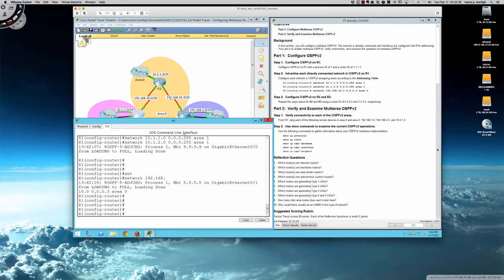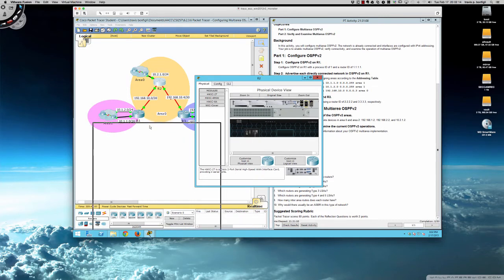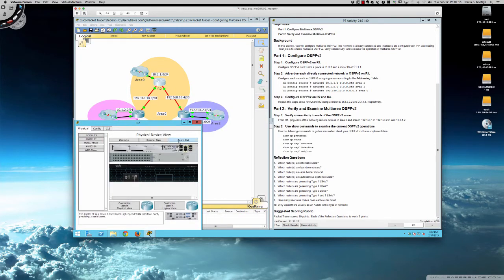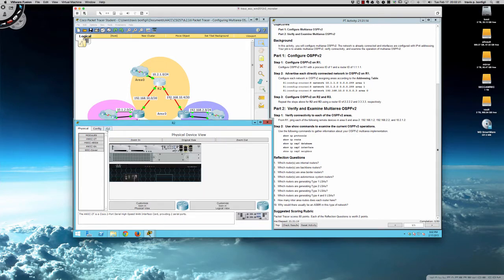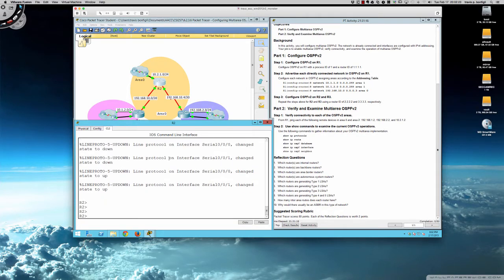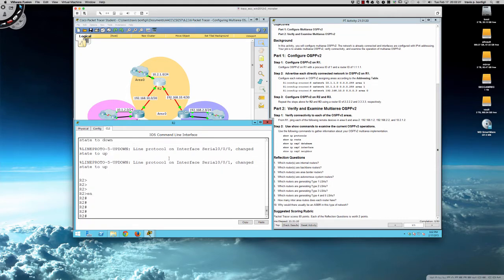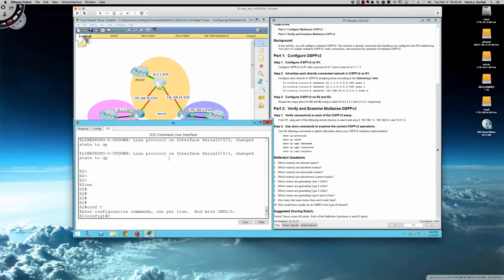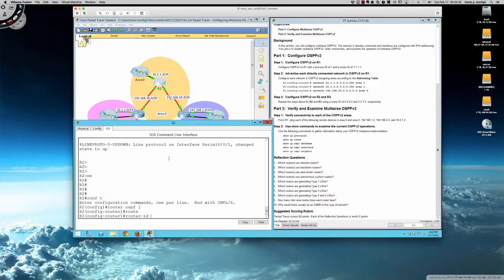It's now saying repeat the steps above for R2 and R3. However, we're going to be using different router IDs. You're not going to want to have the same router ID inside your OSPF domain. From user exec, we'll transition to privilege exec and then into global config, where we're going to say router ospf 1, and then the first command we'll run is to set the router ID.